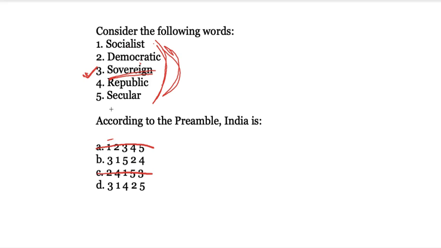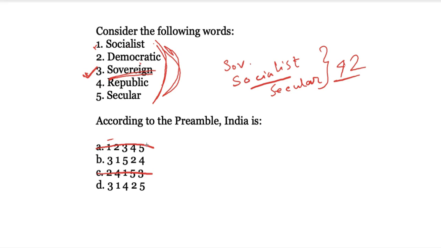Sovereign, then socialist, added with the 42nd Constitutional Amendment Act. Socialist is 1, so 3131. Then comes secular. These two are with the 42nd Constitutional Amendment Act. Secular is 5. So B is our correct answer.